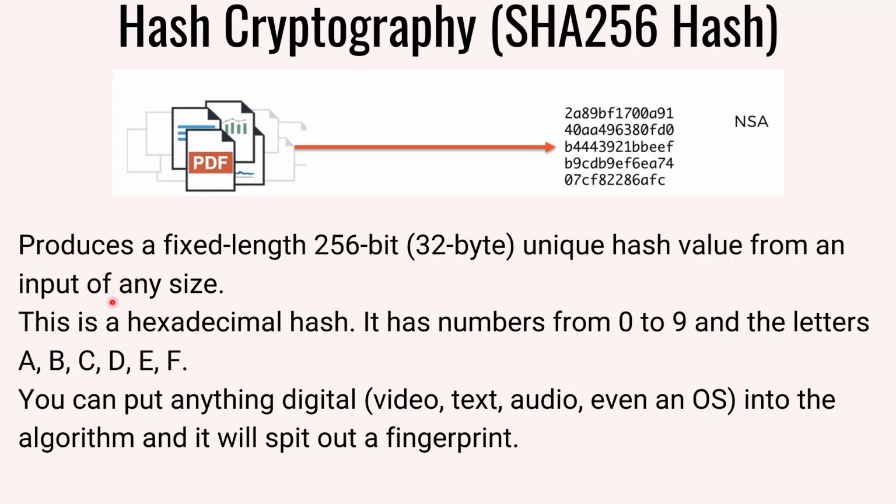Here, the "any size" part is very important, because the length of the input can be any size, but the output, I mean the hash, always has the same length. The output hash is a hexadecimal hash. That means it has numbers from 0 to 9 and the letters A, B, C, D, E, and F. And as I said, you can put anything digital like video, text, audio, even an operating system into the algorithm and it will spit out a fingerprint, which means a unique hash for that particular document.